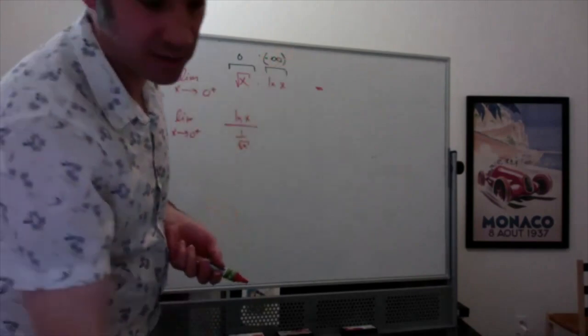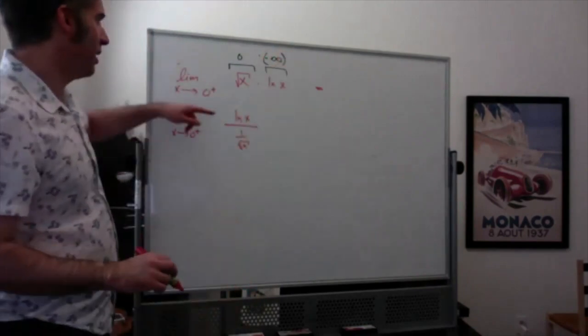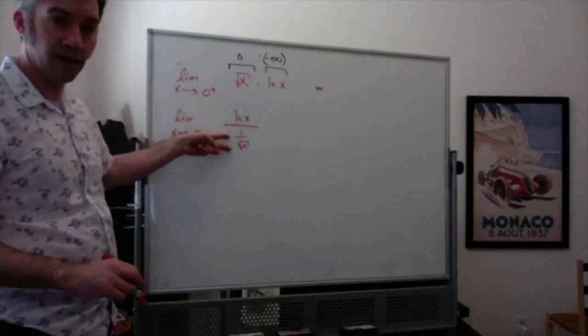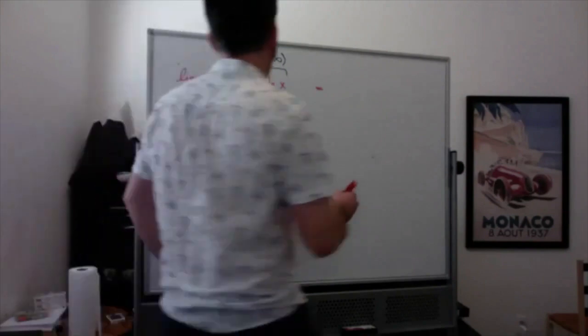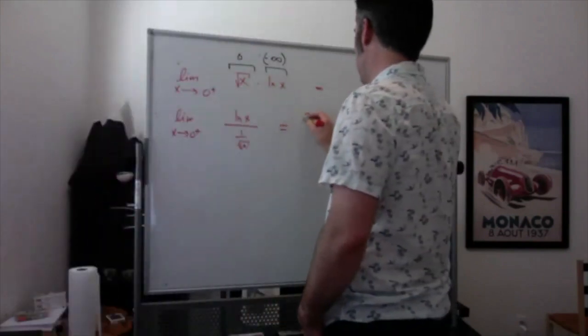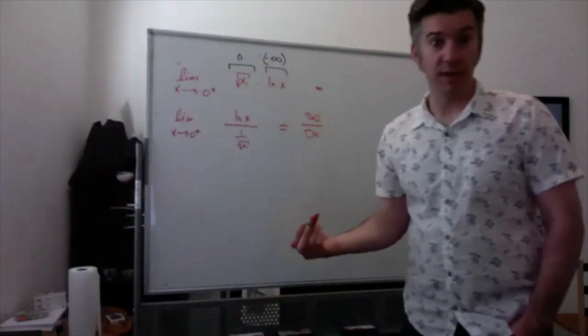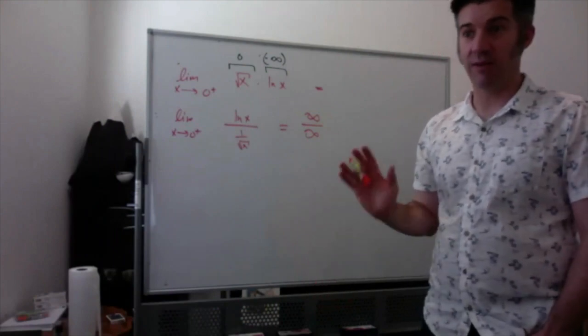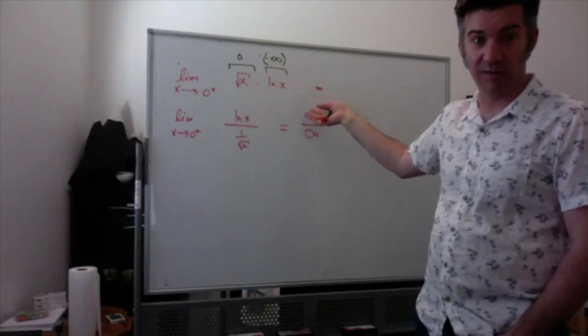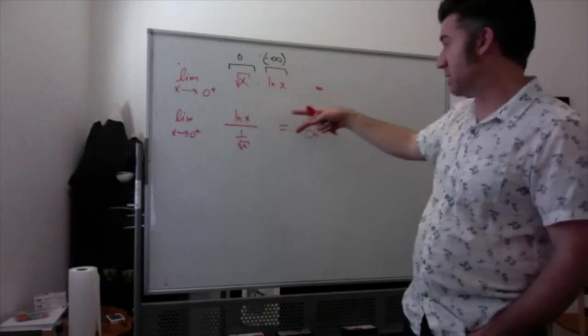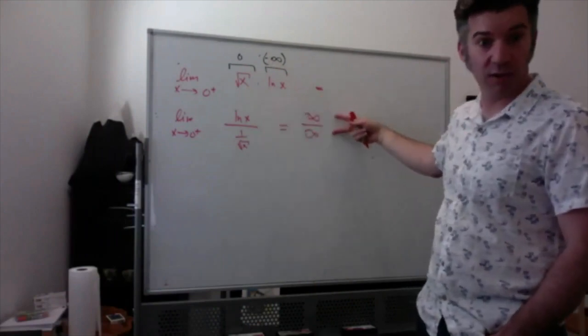Now I've got an infinity over an infinity, because 1 over 0 is infinitely large. So this is an infinity over infinity type, and we can use L'Hopital's rule now. That's often the plan of attack: take something like this and do some algebraic work to make it look like a fraction that's either infinity over infinity or 0 over 0.